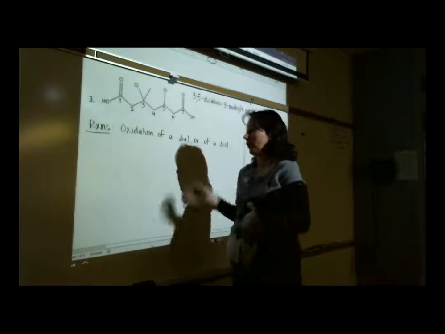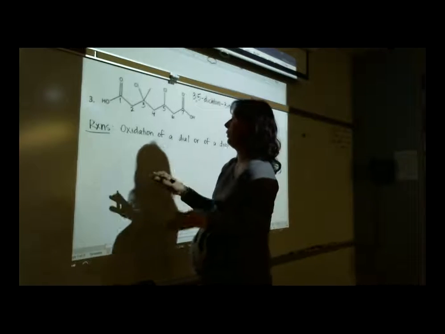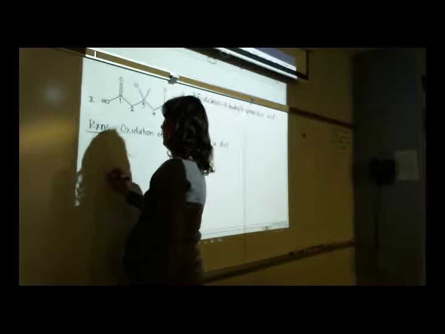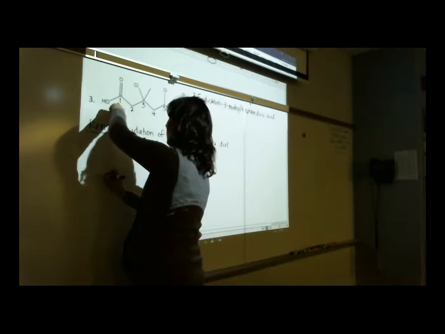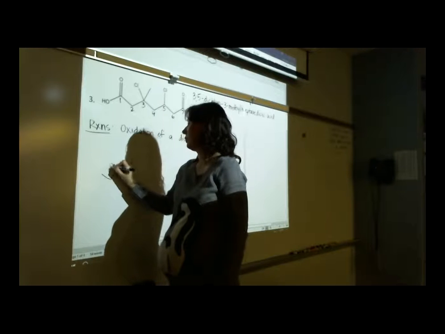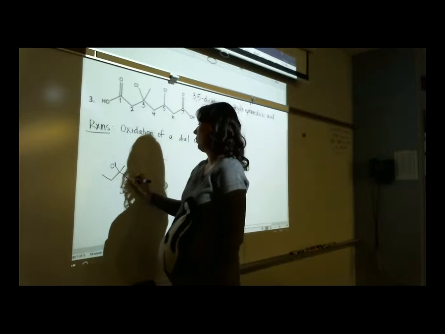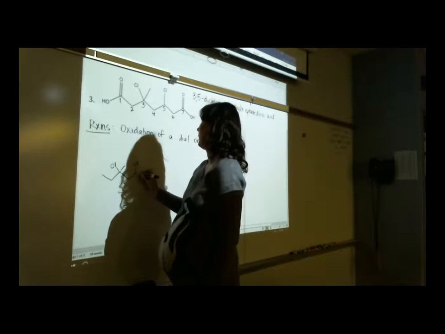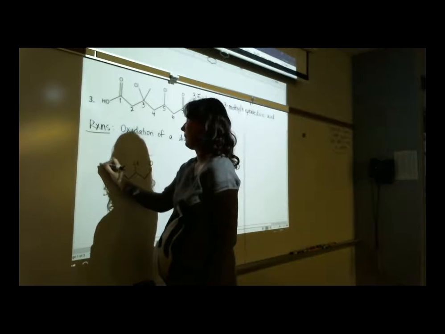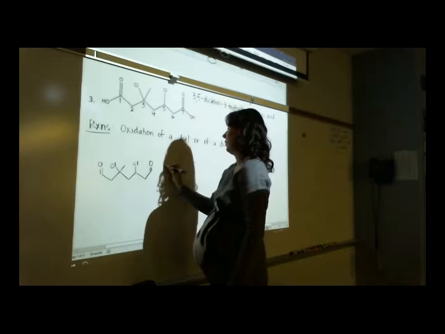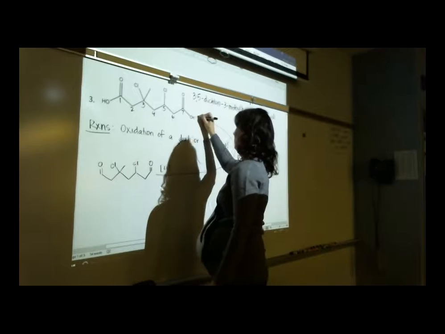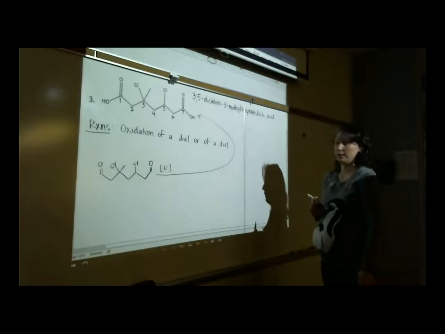So if you want to work backwards, let's work backwards. What dialdehyde would give me this? We start right here. Carbon number 1, 2, 3. Cl and a methyl. 4, 5 has a chlorine. And then 6, and then 7. Right, there's the aldehyde oxidation.